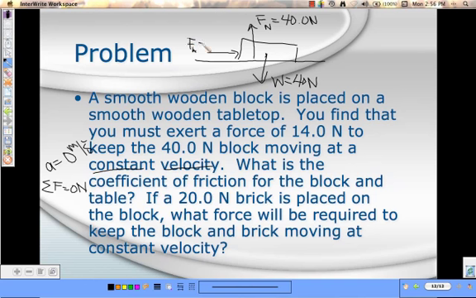So force applied is equal to, what's our applied force? 14, yep. So that means our force of friction is equal to 14. So if we want to find the coefficient of friction, what's our equation for friction? Mu times normal force.